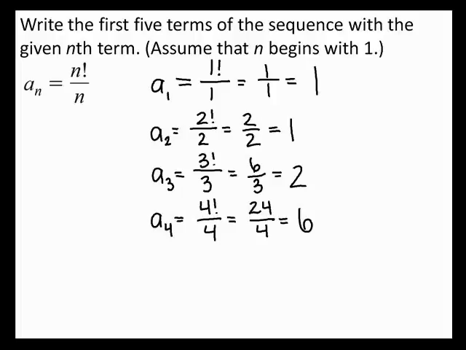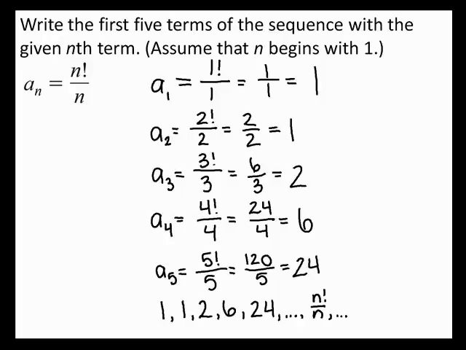You find that a sub 4 is equal to 6. Substitute 5 in for n. Simplify 5 factorial. Simplify 120 divided by 5. You find that a sub 5 equals 24. The first 5 terms of the sequence are 1, 1, 2, 6, and 24.